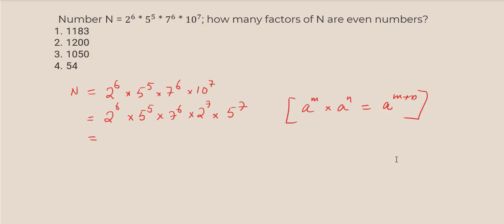So here the base 2 is the same, so we would write 2 to the power 6 plus 7 multiplied by 5 to the power 5 plus 7 multiplied by 7 to the power 6, and then it can be written as 2 to the power 13 multiplied by 5 to the power 12 multiplied by 7 to the power 6.